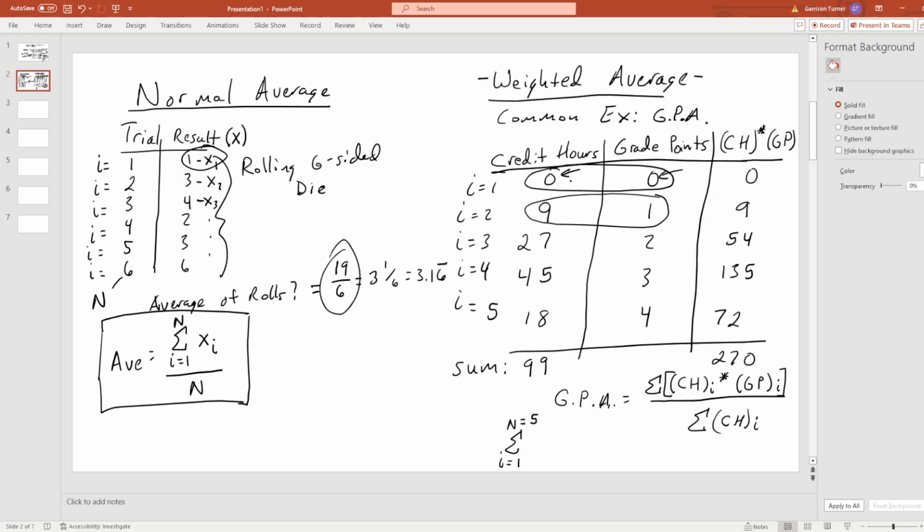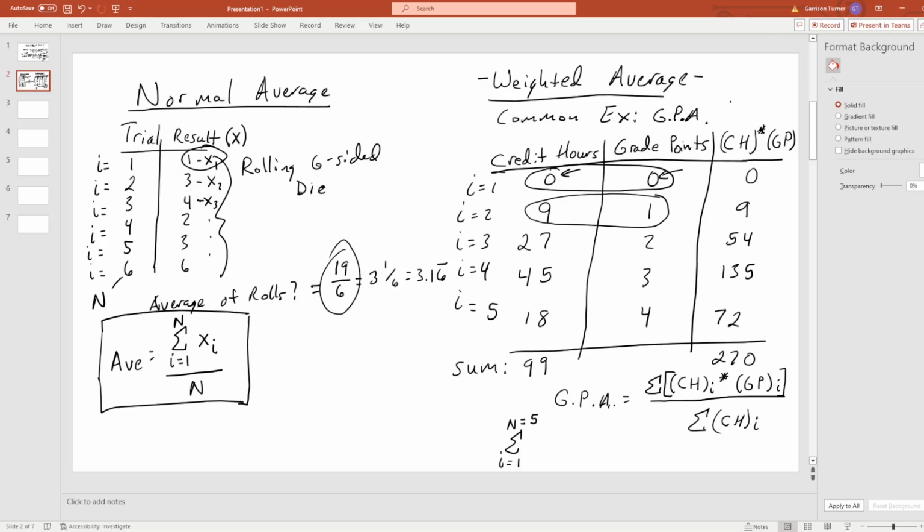So I've 0 Fs, 3 Ds, 9 Cs, 15 Bs, and I also have 18 hours at earning an A. So again, if these are 3 credit hour classes, then this would be like 6 classes with an A. So I've got 6 classes with an A, 15 with a B, 9 with a C, 3 with a D, and none with an F, right?